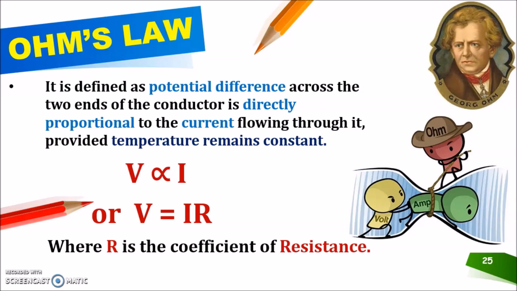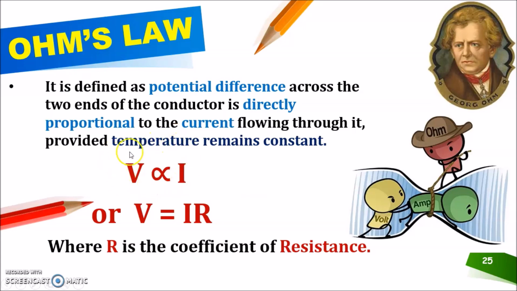This law states that potential difference across the two ends of the conductor is directly proportional to the current flowing through it. This condition is most important: temperature remains constant. If temperature is not constant, then Ohm's law will not work. Is it clear?